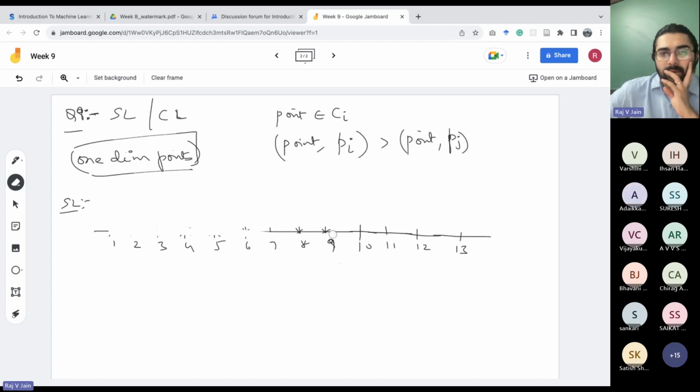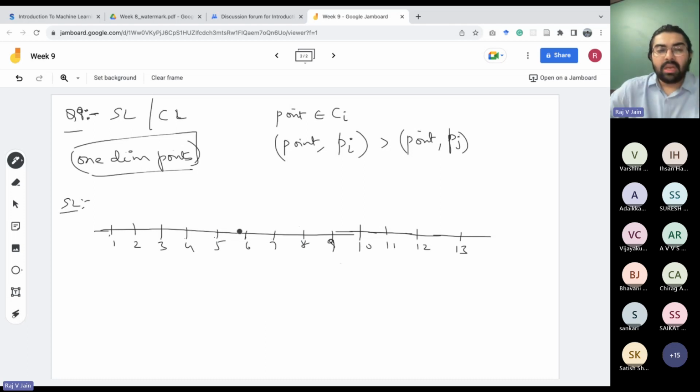So one example that at least I could come up with, and we'll discuss one point on that. Let's say we have points at 1 and at 4, and then at 11 and 12.